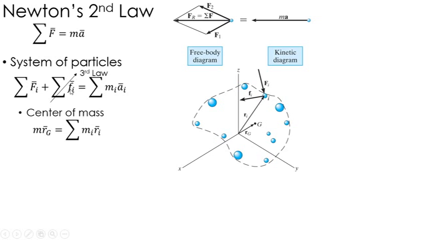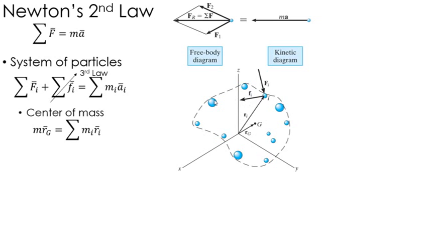I'm left with essentially the sum of the external forces equal to the sum of the mass times the accelerations of all the particles. Now, remembering back to our definition of center of mass: the location of the center of mass is essentially equal to the sum of the location of each particle times its weight.